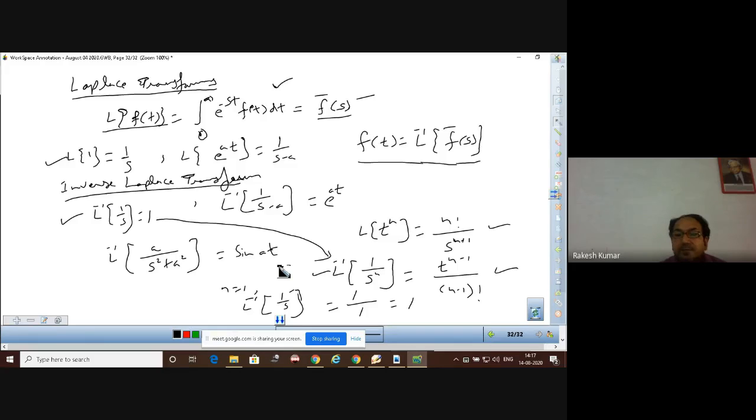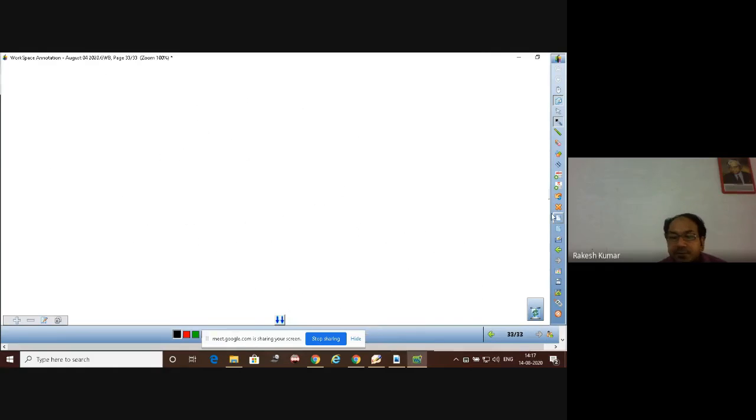So similarly, we can also write down formulas by using the first shifting theorem. According to the first shifting theorem, I am going to talk about Laplace of cos bt, which comes out to be s over s square plus b square.